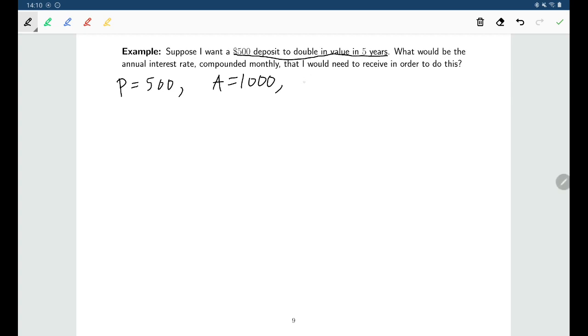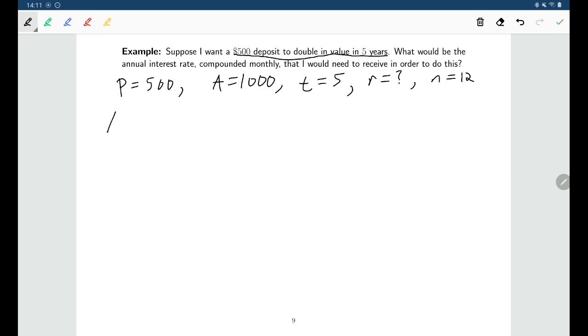Well, we want it to double in 5 years, so t needs to be 5. We don't know what the annual interest rate is, r. R is the mystery, that's what we're looking for. But we do know that it's going to be compounded monthly. We do know that n is supposed to be 12 times per year. So let's put together what we have.